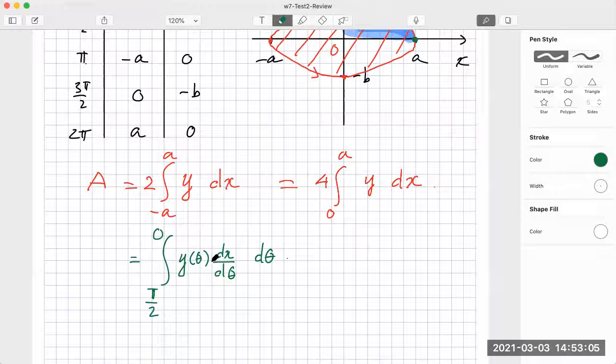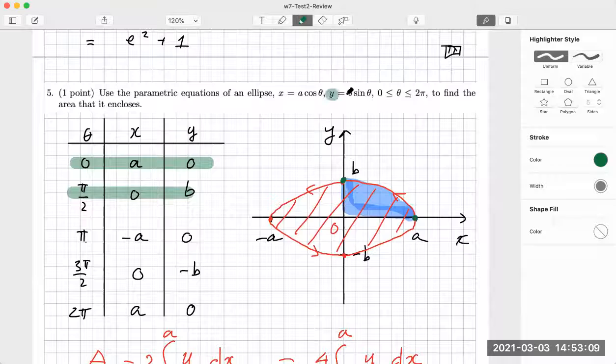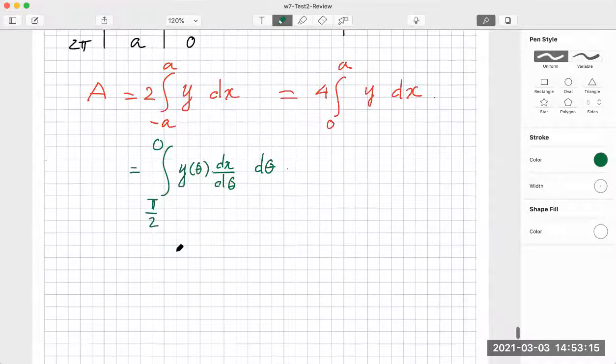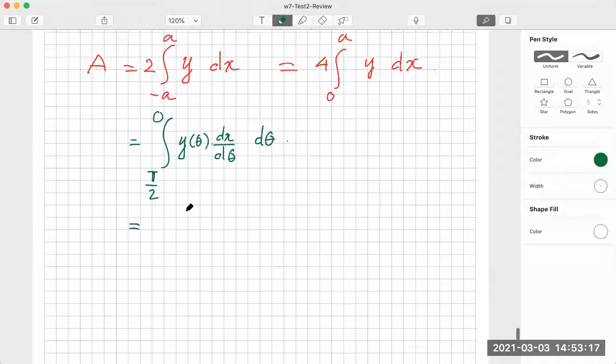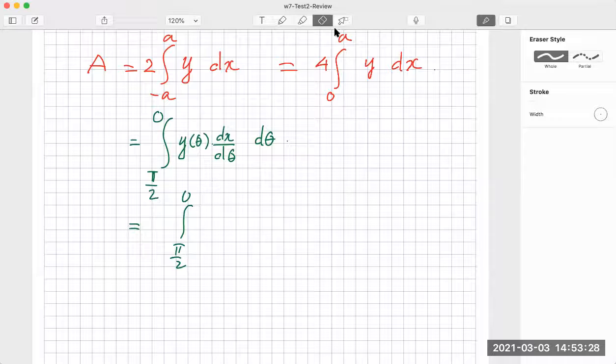Then now y of theta is given by this guy, and x in terms of theta is given by this guy. So we just substitute here. It will be the integral from pi over 2 to 0.